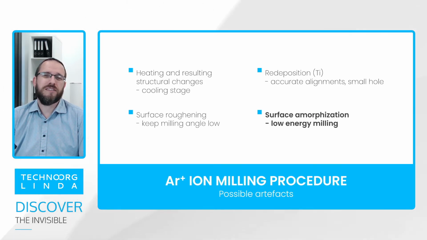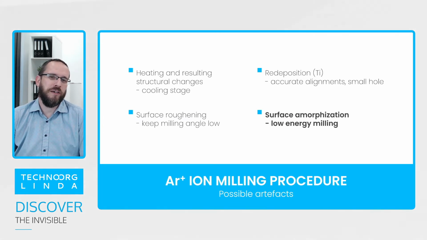To avoid that, you probably will use a cooling stage. Technoorg offers a cooling stage cooled by liquid nitrogen. So if you use that in combination with decreased beam powers, you will be able to prepare heat sensitive samples.